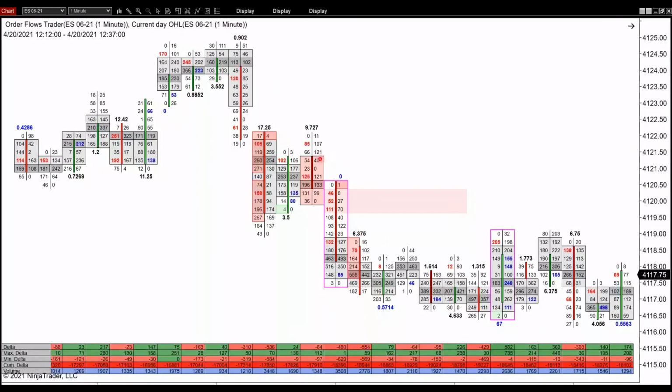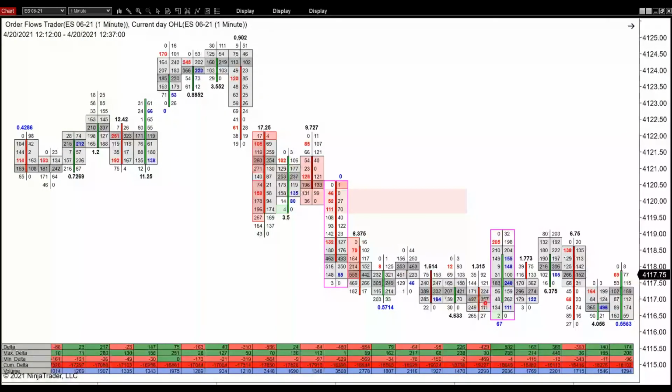Now, even with value areas, there's certain value areas that are even more bullish or bearish than other ones. And that's where having good software to highlight that to you helps. In this case, this is a very bearish value area. It colors it this red color, so you can take advantage of that.